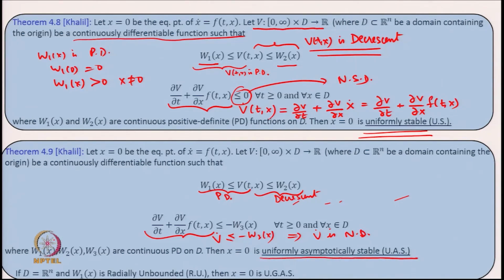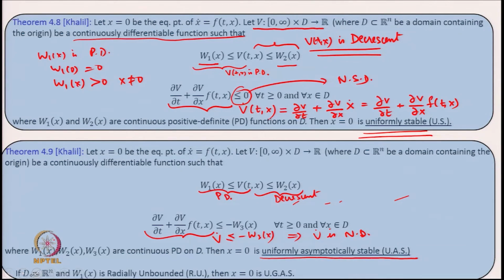So, for asymptotic stability, we see that we have a stricter condition for v dot. In the previous case, v dot was only required to be negative semi definite. In this case, v dot is required to be negative definite. So, then we look at the last condition.